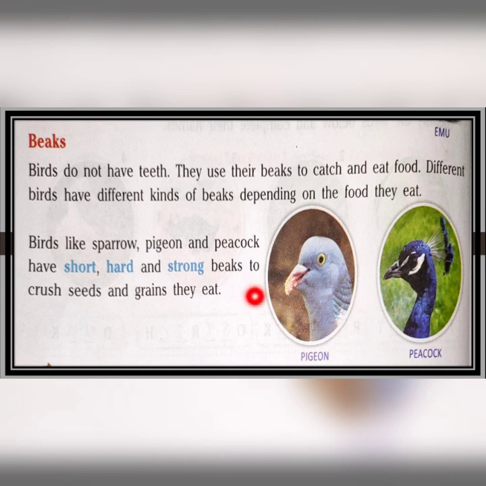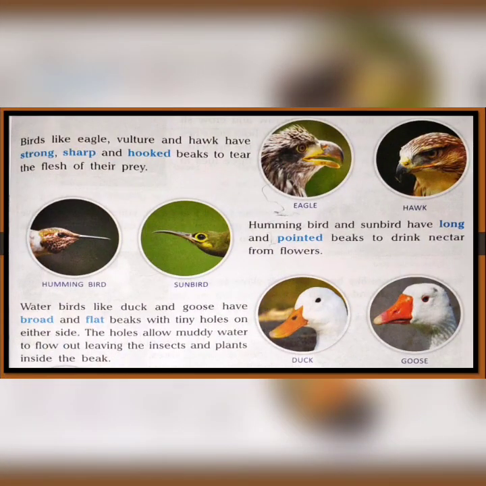Birds like sparrow, pigeon, peacock have short, hard and strong beaks so that they can crush the seeds and grains that they eat. In case of birds like eagle, vulture, hawk, we know that they are carnivores, right?